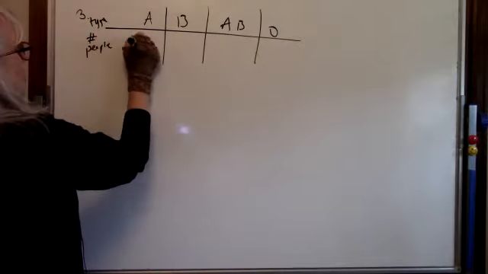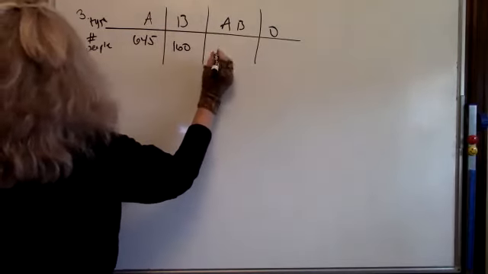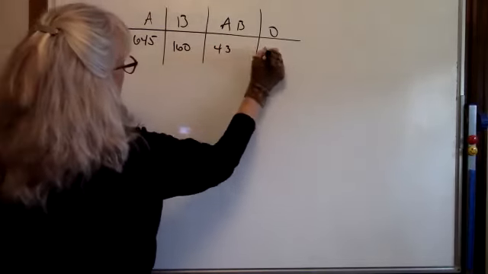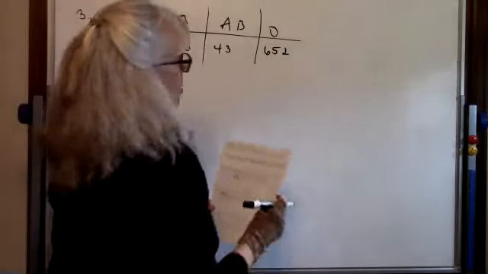This time we had 645, 160, 43, 652. And it does tell us that altogether we have a total of 1,500 people.